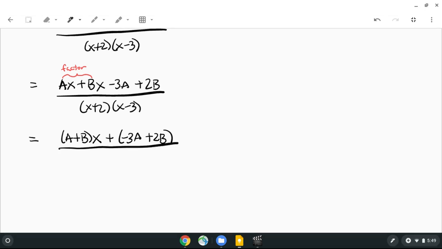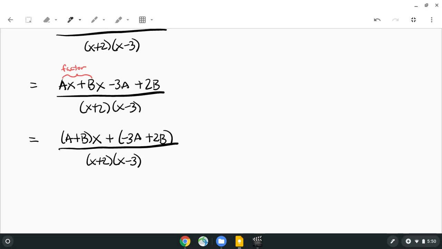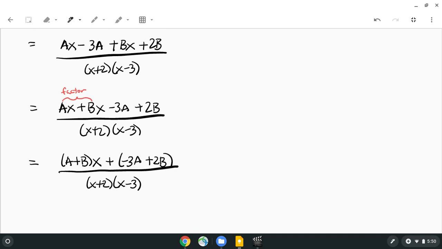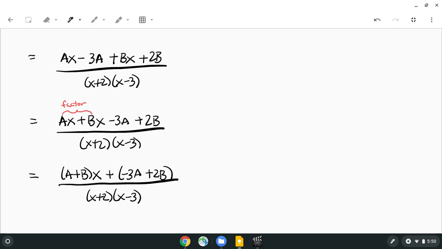Over our denominator, which, like I said, is taking a back seat now. Now that I've grouped and organized them in such a way that it matches up, let's take a look at the original problem.